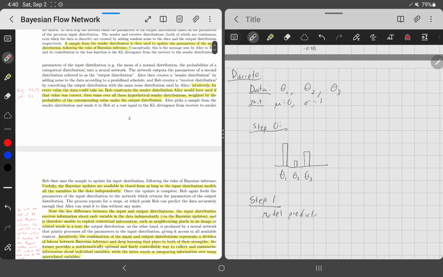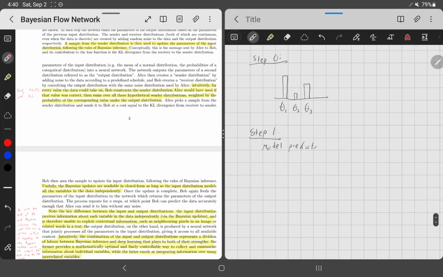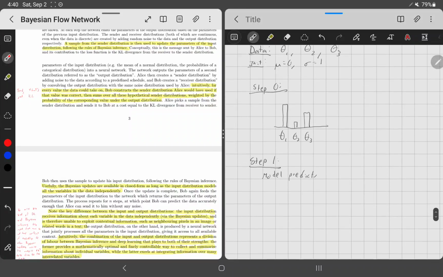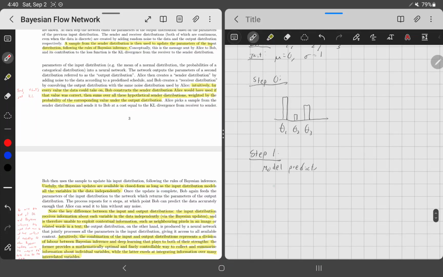Rather, the model is given mu and sigma. So the model is predicting the mean and standard deviation of this continuous distribution, and we'll show how the continuous distribution is going to be aligned with the categorical distribution. So the model predicts, maybe, mu equal to 0.1 and sigma equal to 0.9.